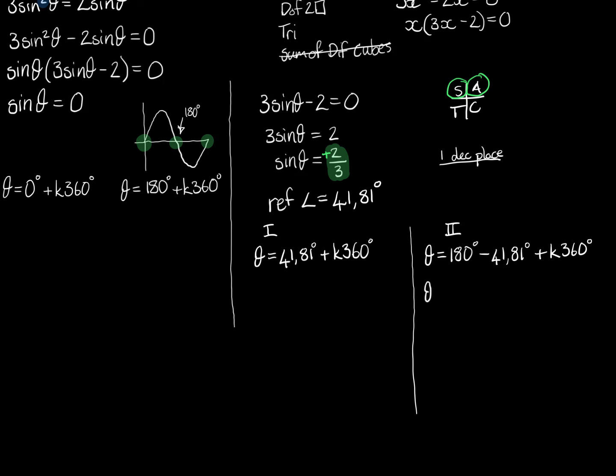And that means that theta equals 138.19 degrees plus k times 360. I am now going to do all of my rounding off, and I'm going to make it look pretty, and pretty work is easier to mark, so let's do that.